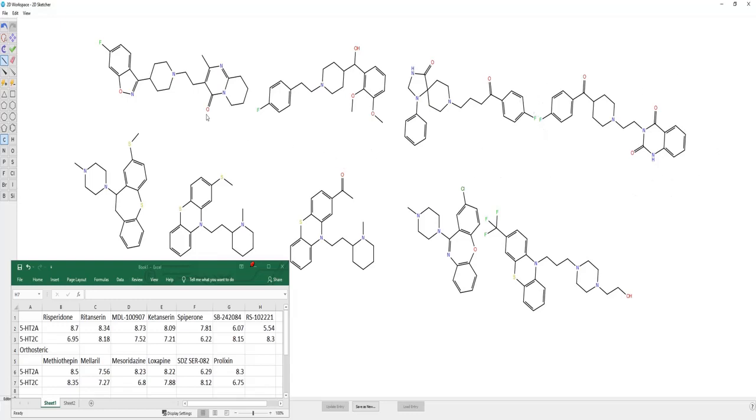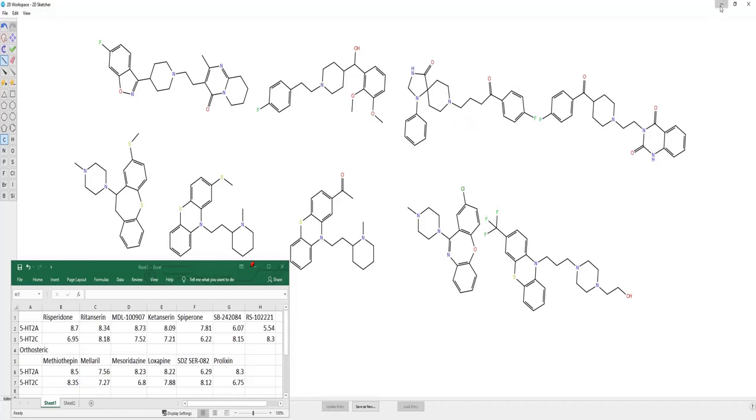Now if you look at the extended portion for each of these compounds, you'll notice there is an oxygen in each case. However, I specifically wanted to focus on the oxygen that is right before that extended portion, such as here in MDL 100907 and here in spiperone.